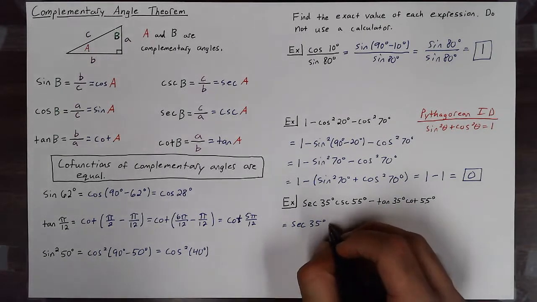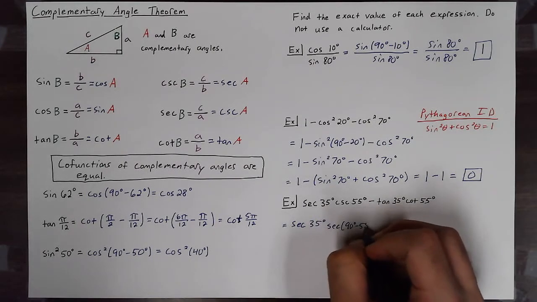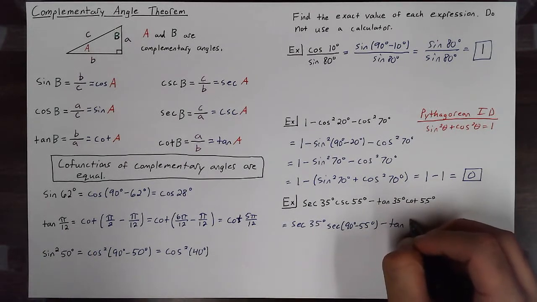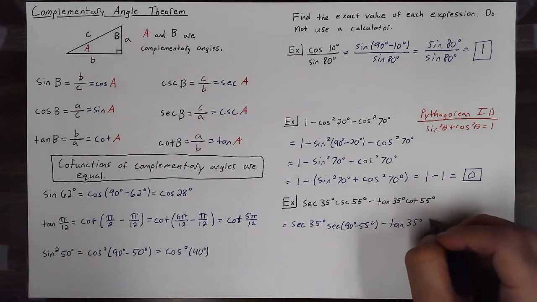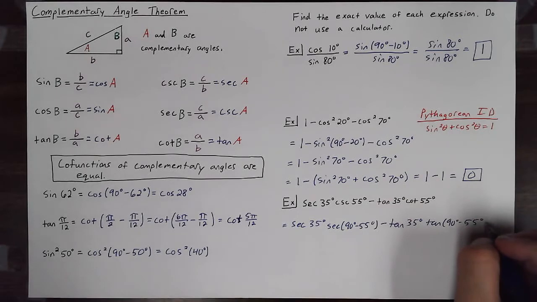So again, cosecant, its cofunction is secant, so secant of 35 degrees times secant of 90 degrees minus 55 degrees, its complement, minus tangent of 35 degrees times tangent of 90 degrees minus 55 degrees, the cofunction of cotangent.